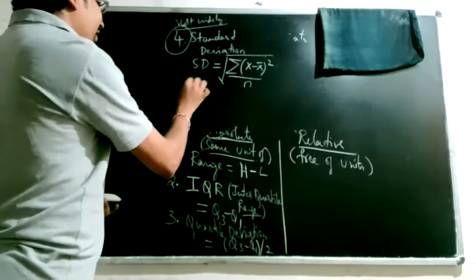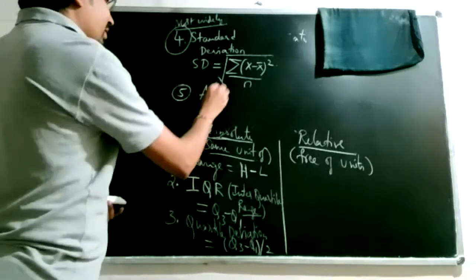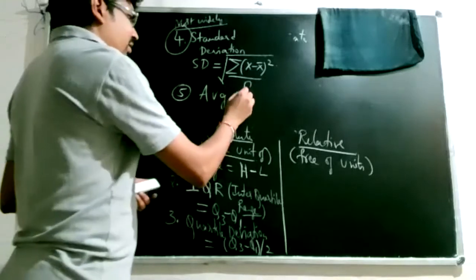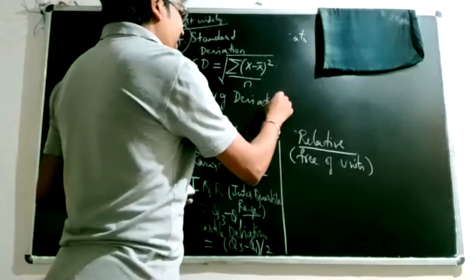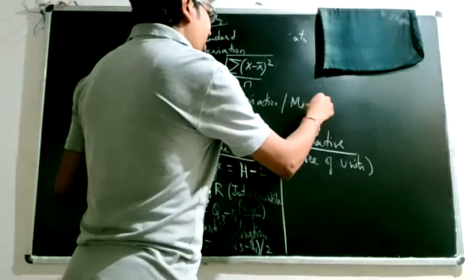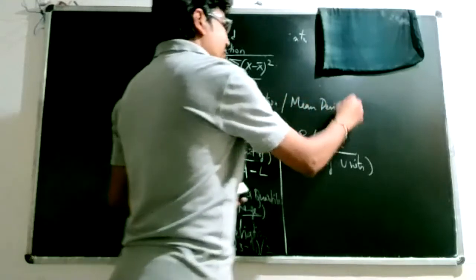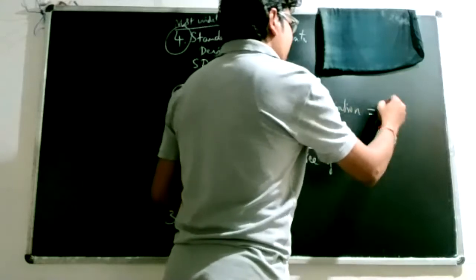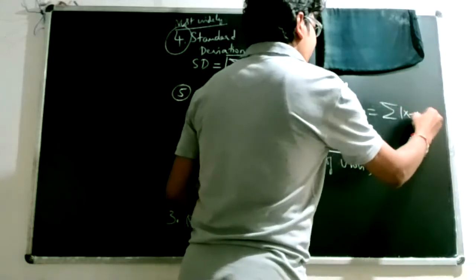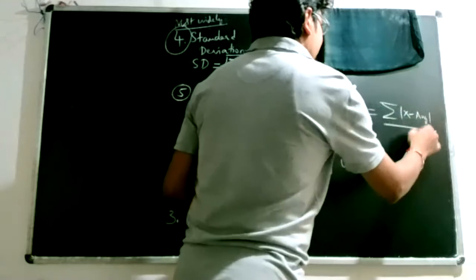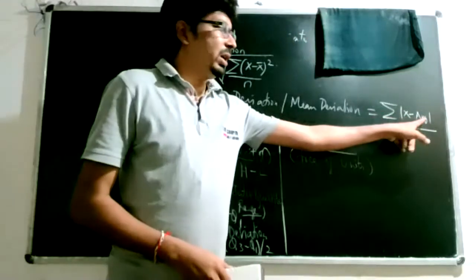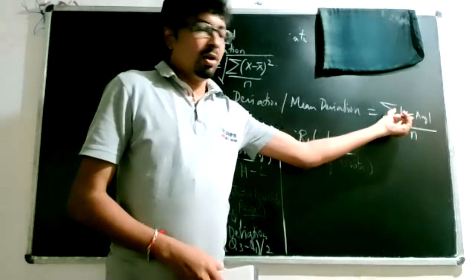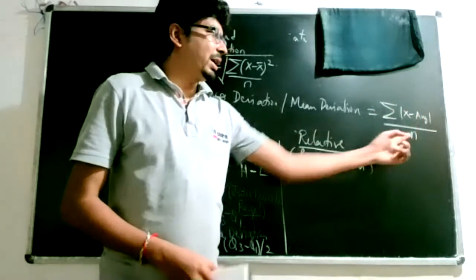And one of the other measures which I already defined is called average deviation or mean deviation, and here we call it the average of the absolute distance between any average and the data values. So you take any average, it could be mean, median, mode, obtain the modulus of the distance, take the total, take the average.